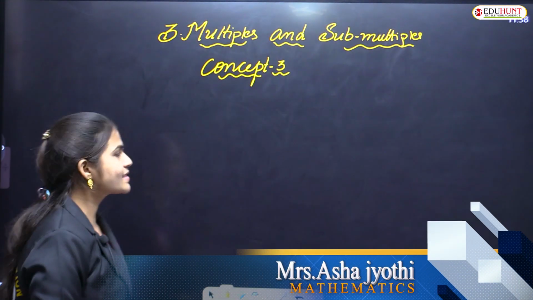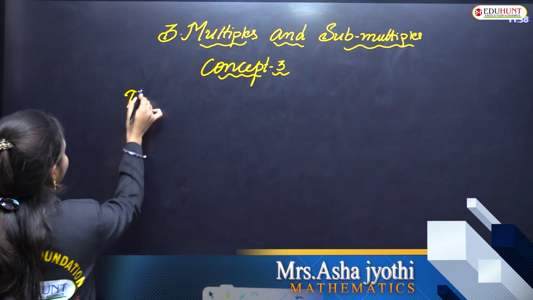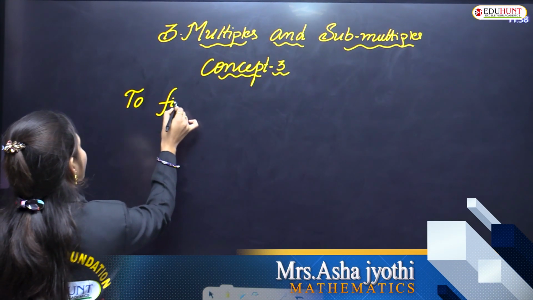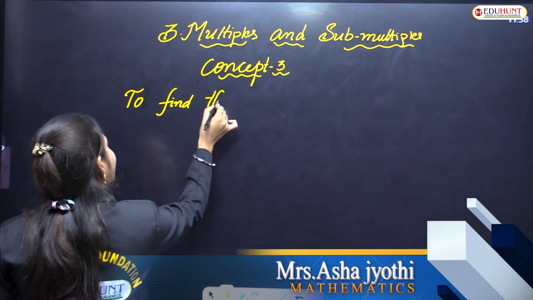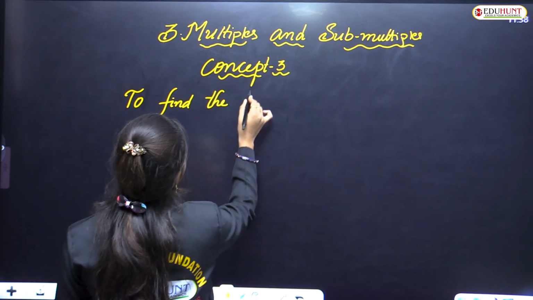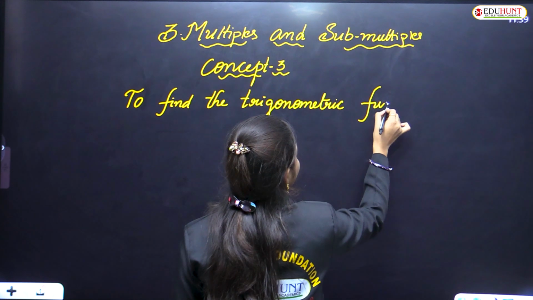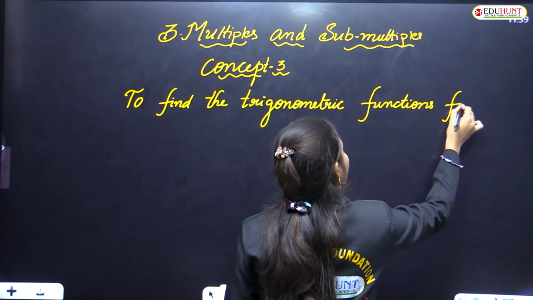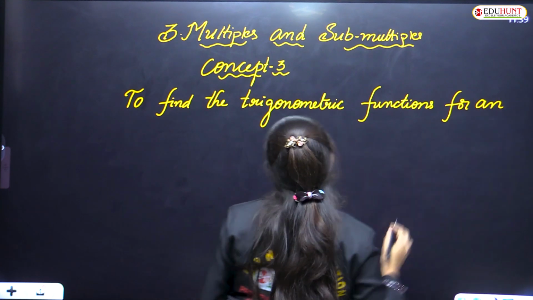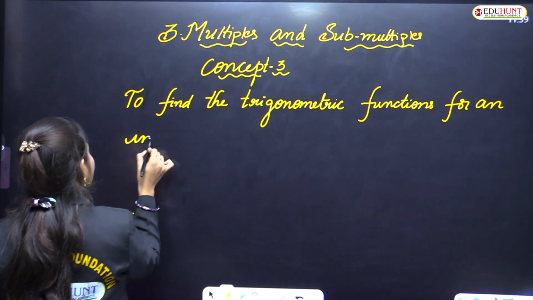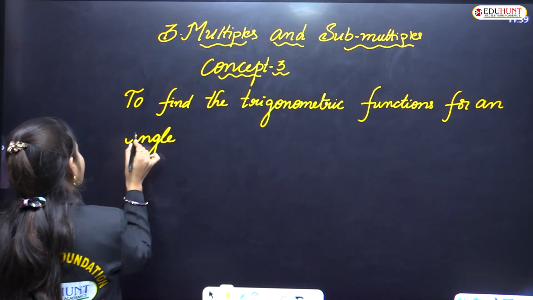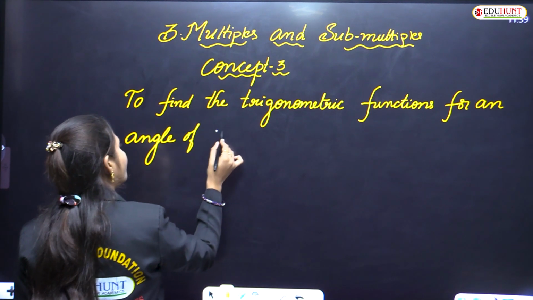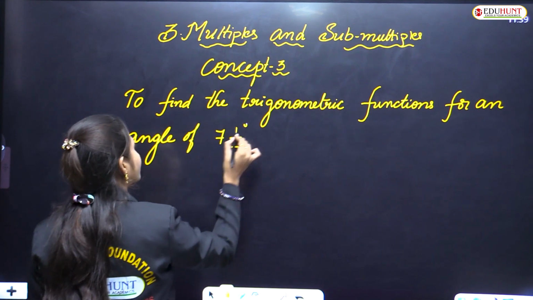So children, the next concept is to find the trigonometric functions for an angle of 7.5 degrees.